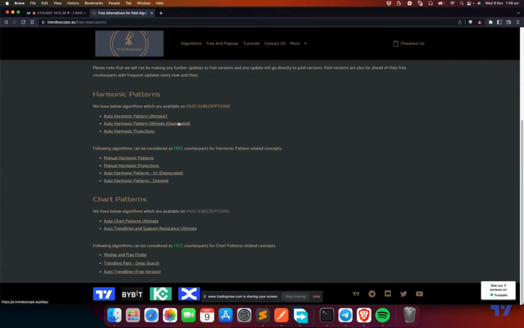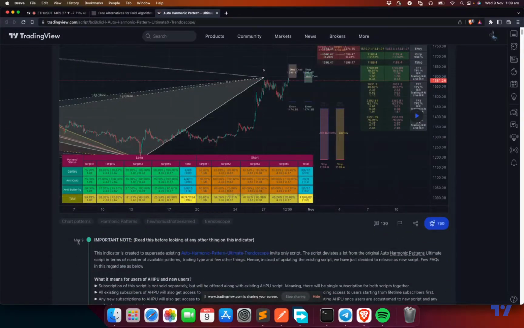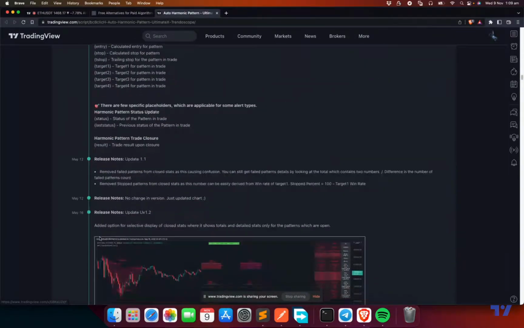Pine as a language is constantly evolving, and new things are coming up. We make sure that all new features are utilized in our paid scripts, to make these algorithms more efficient and more accurate. If you look at this script, it was first released on 9th of May, but if you look further, there have been so many updates here.